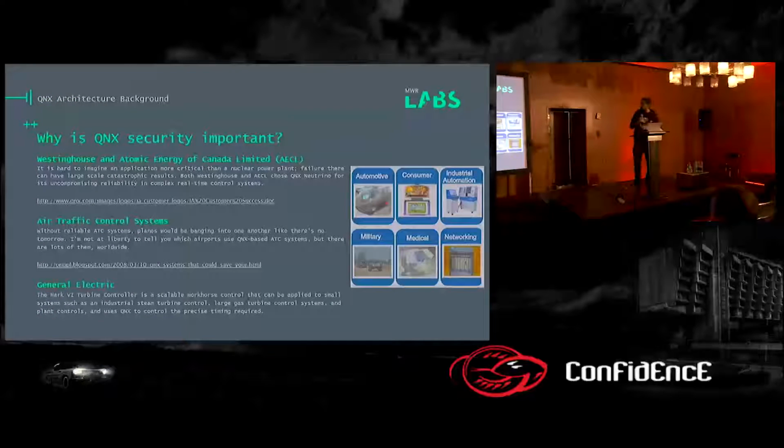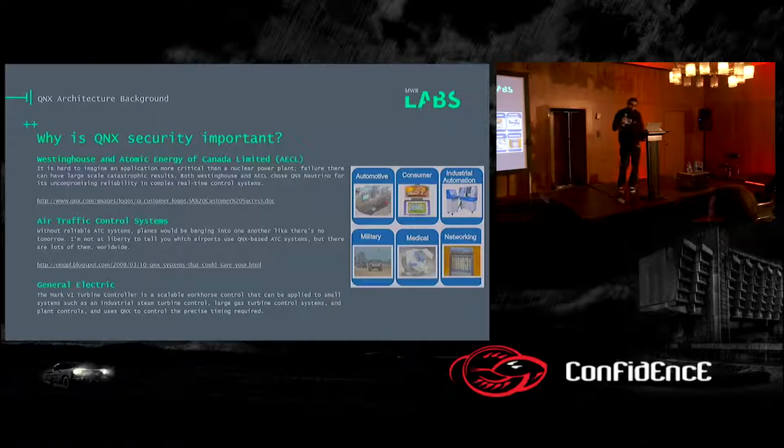we found. So why is QNX security important? QNX is known to power various safety and mission critical systems, such as nuclear power plants, warehouse control systems, air traffic control systems, and others.